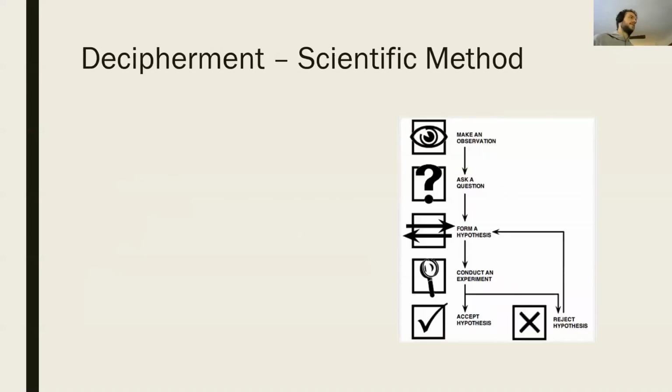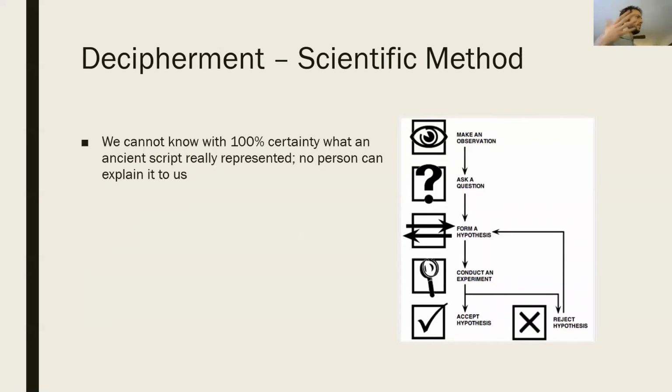So when we talk about decipherment, we can say that it relies heavily on the scientific method. We can't know with 100% certainty what an ancient script really represents. Like, we can't go back in time and ask a person how the writing system actually works.